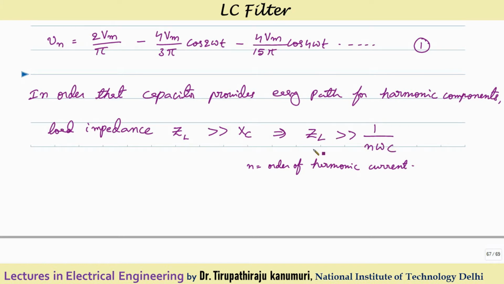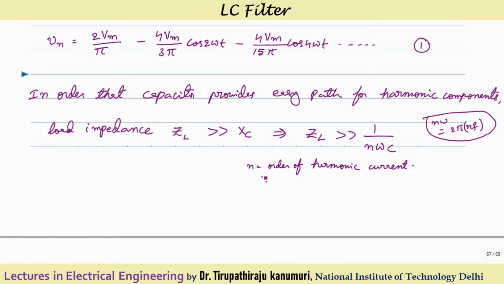So for the nth harmonic, it becomes 2 pi into n times f, or n omega C. This n omega is equal to 2 pi into n times f. You can write in this form. This is the reason I have written it here.